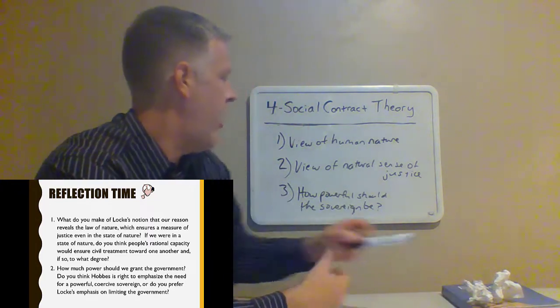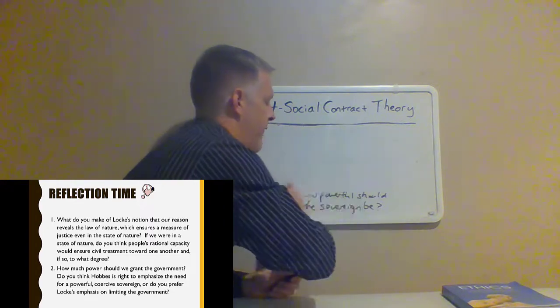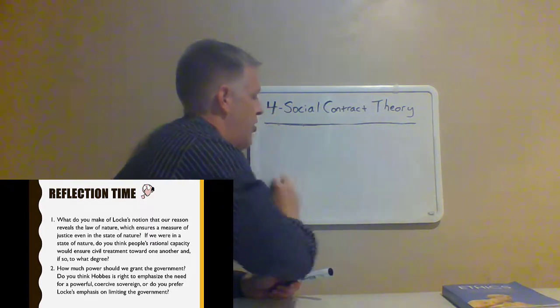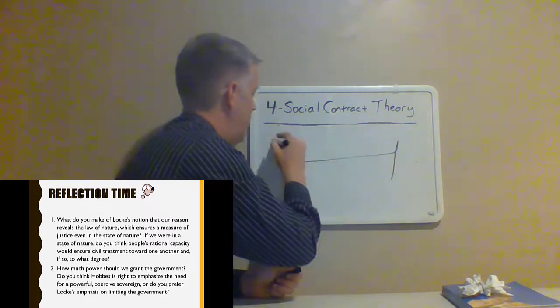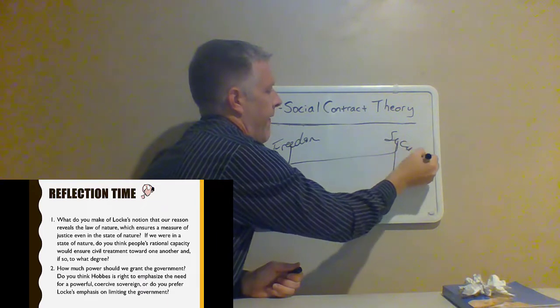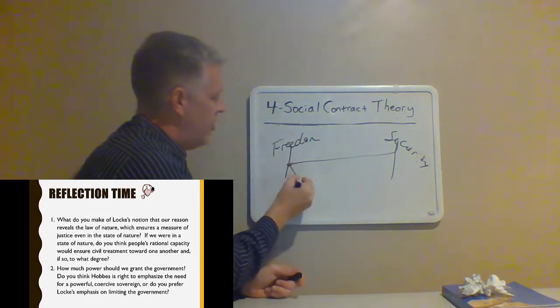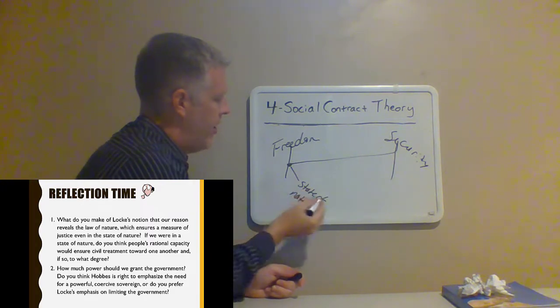Again, a lot of this is basically going back to the fundamental tension, which I started off the Hobbes lecture by alluding to, between freedom and security. Then we have the state of nature here, or anarchy, if you will.